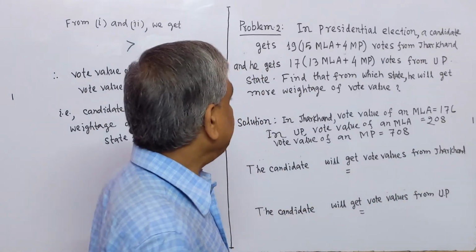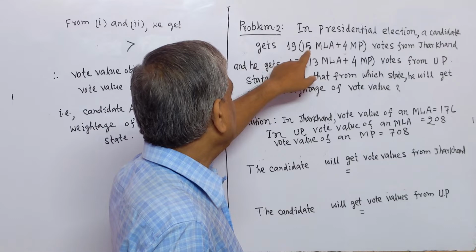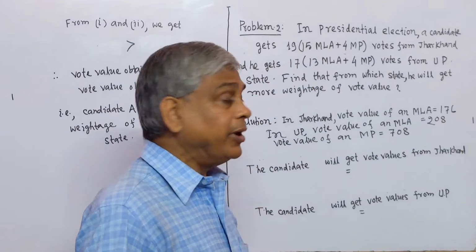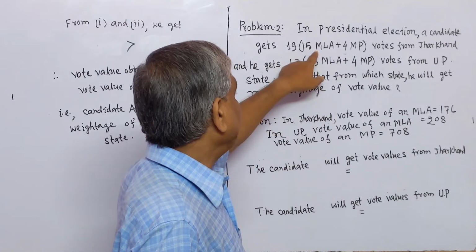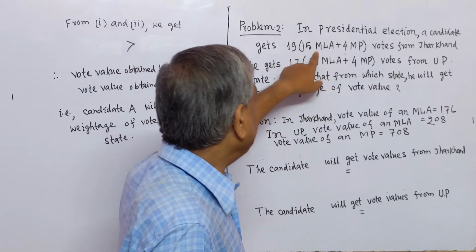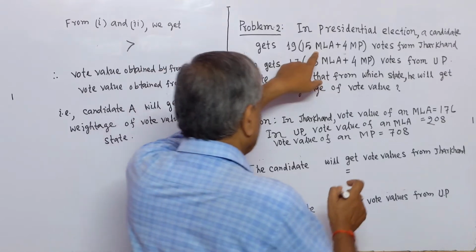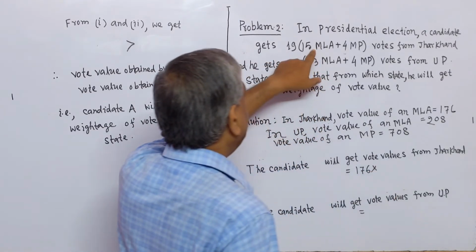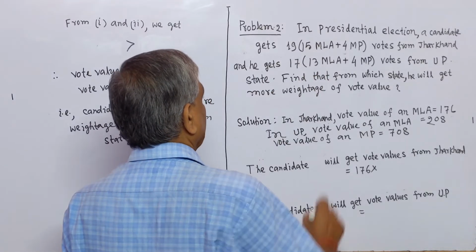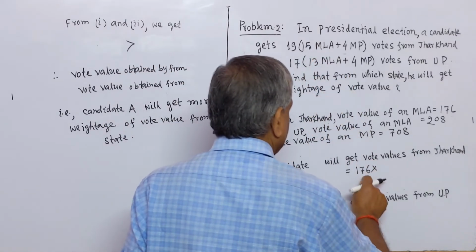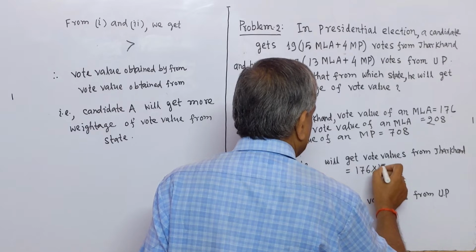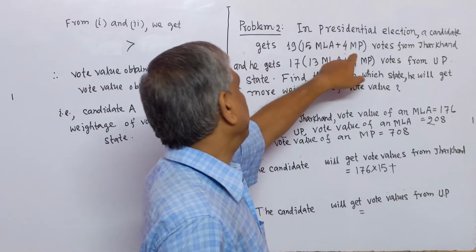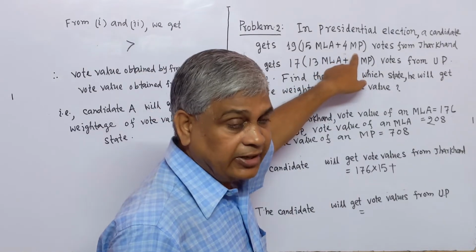From Jharkhand state, the candidate will get 15 MLA votes. Since the vote value of 1 MLA in Jharkhand state is 176, therefore the vote value of 15 MLA from Jharkhand state will be 176 multiply 15, plus 4 MP votes from Jharkhand state.